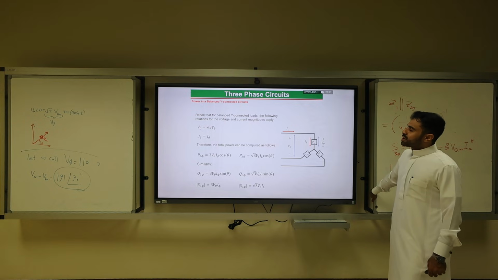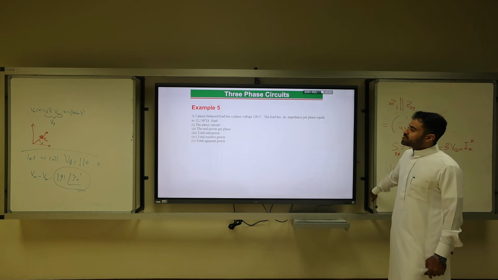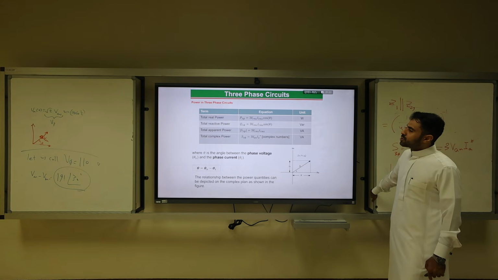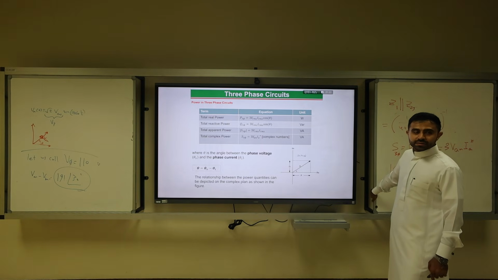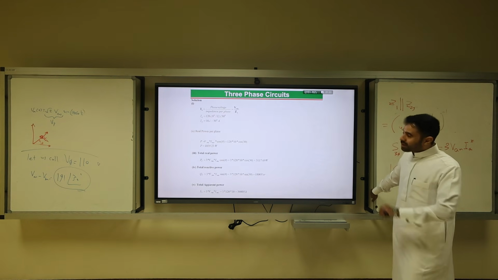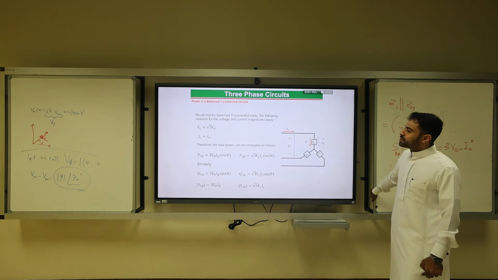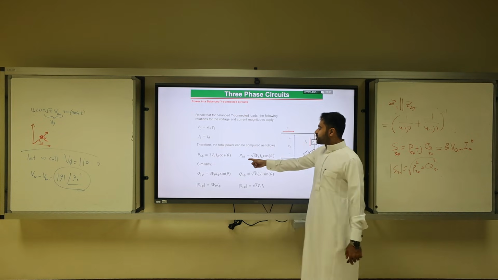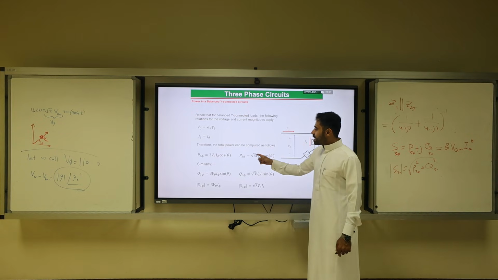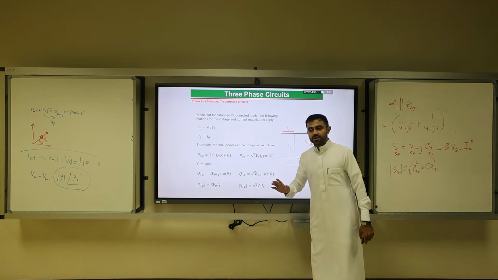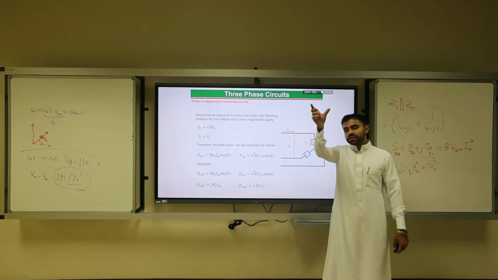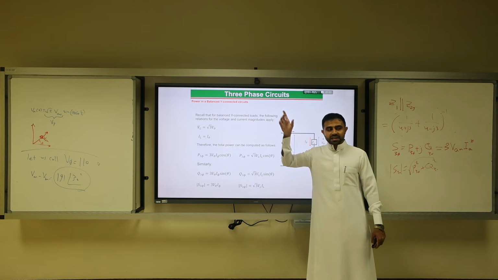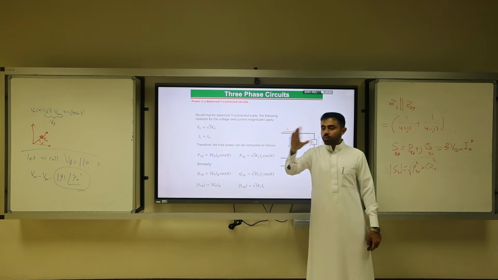Now here's one thing. These equations are based on phase quantities. If I convert them to line quantities, the square root of 3 will come into place. If you use line quantities, you replace the 3 with square root of 3. That's the only difference. Why?